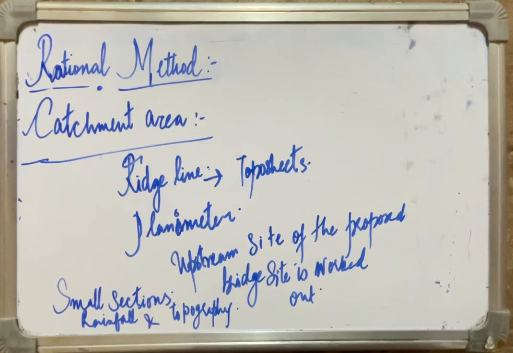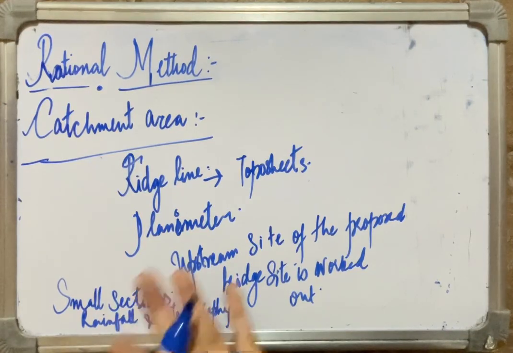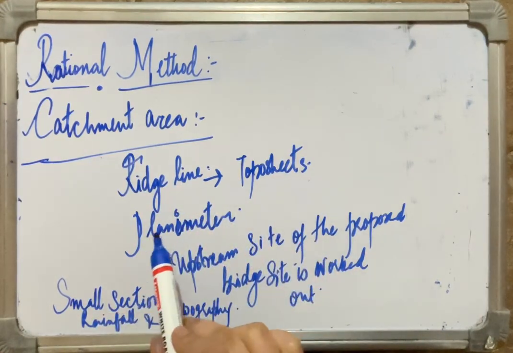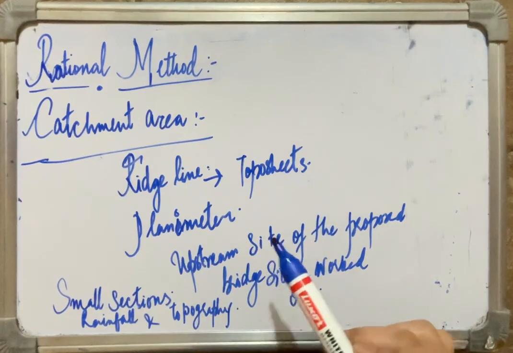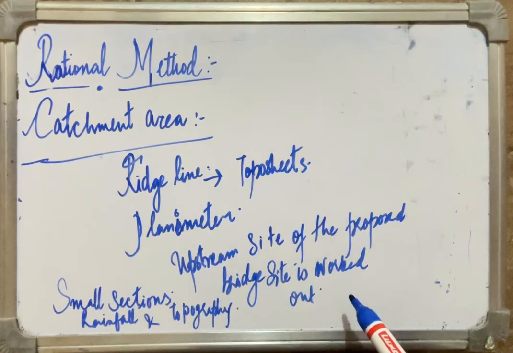Alright, so this was something about catchment area. We already know that the upstream area from the bridge site which contributes to the water of the river is known as its catchment area. And how do we determine it? A ridge line is marked on the topo sheets, and with the help of the planimeter, the area of the river on the upstream side of the proposed bridge site is worked out.